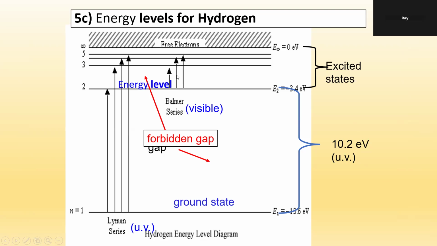For all these transitions, called the Lyman series, you need ultraviolet light to go from the ground state to the first level. And the lowest energy here is 1.8 electron volts. This is in the visible region.